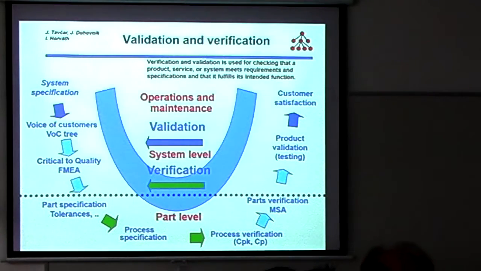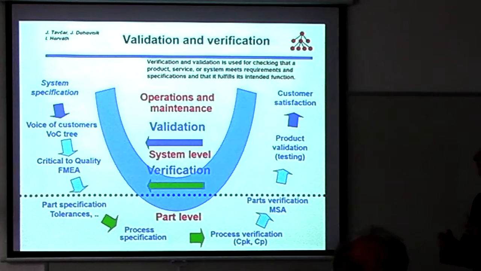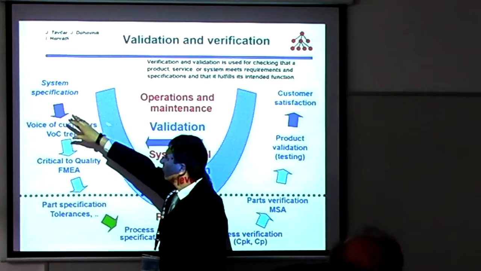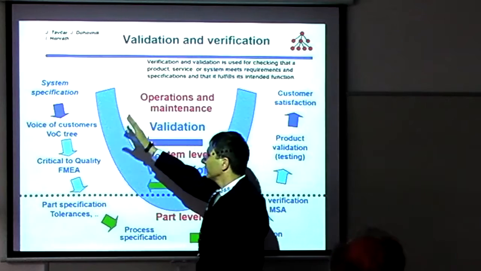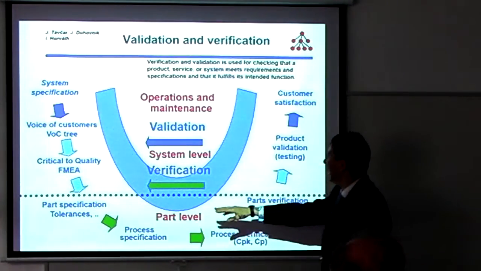Maybe to repeat, the word validation was already introduced in the morning. In the traditional V system, we specify the system, then we go from more general, we check at customers, and then we go to subsystems, to parts.